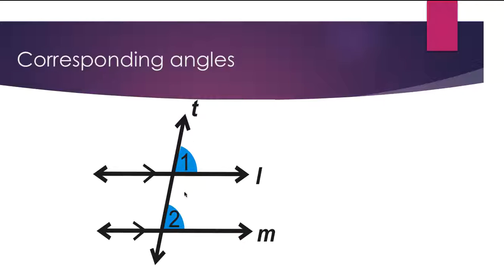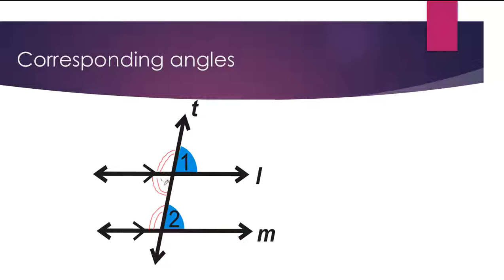Next ones are called corresponding. So imagine you slide this line straight up to the top. These two angles will be on top of each other. Okay. So of course, there's lots of other corresponding angles. If you take a look at this one, from here, these two would also be the same measure.